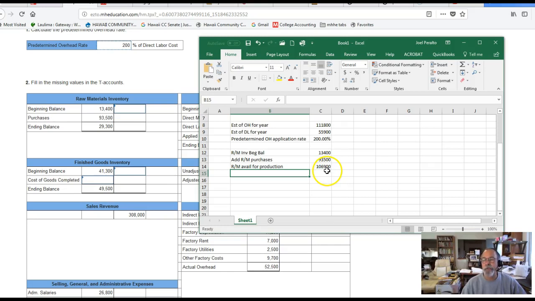So what's available is 106.9. And then what we need to calculate, as I hope you can tell by looking at the T account, is the credit. And the credit represents raw materials taken out of inventory and moved into production.